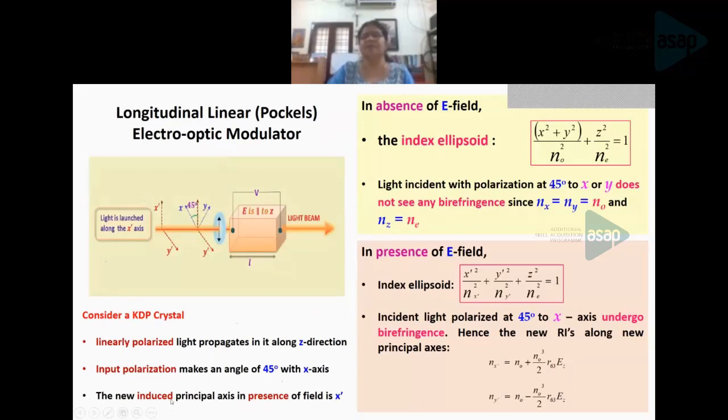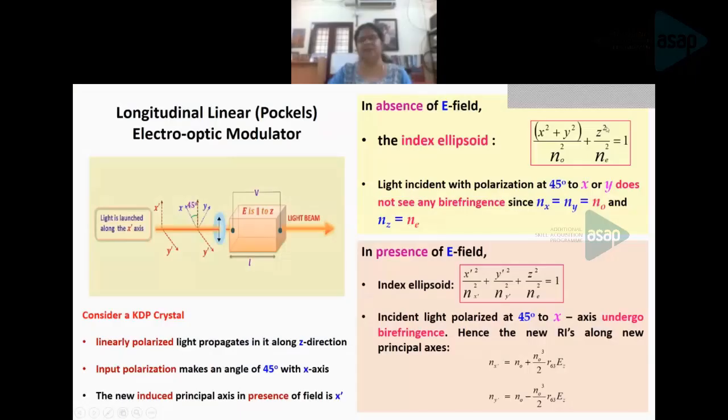Okay. And in the absence of the field, suppose if we apply a voltage 0 here, then there is no electric field. The index ellipsoid can be written like this, as we seen earlier: x square by n0 square plus y square by n0 square plus z square by ne square equal to 1. This is the index ellipsoid equation in the absence of the field.